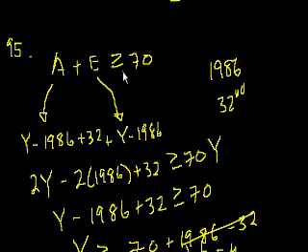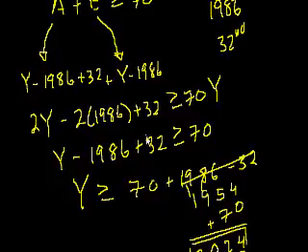Her age is going to be whatever year we're talking about, minus 1986, plus 32. And her years of employment are going to be whatever year we're talking about, minus 1986. Fair enough. And then I have a year plus a year, and 2 subtractions of 1986, plus 32 is greater than or equal to 70.